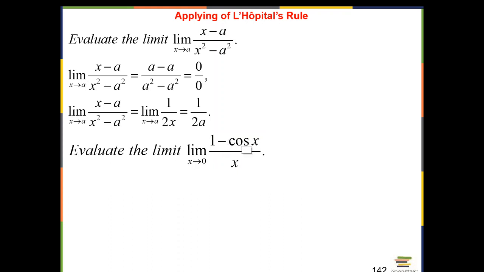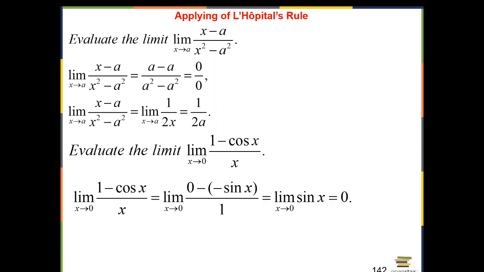Evaluate the limit of 1 minus cosine x over x, right? Now remember, we did that using the tricks of multiplying by the conjugate and all that. Now we don't have to, because all we have to do is take the derivative. First of all, L'Hopital's rule applies here because we could take the derivative and we still have a limit, and that limit is 0.